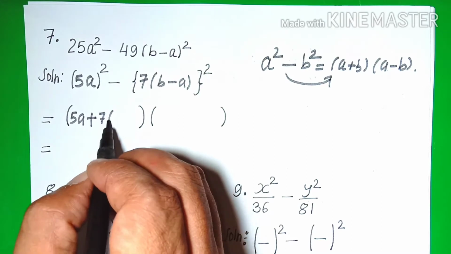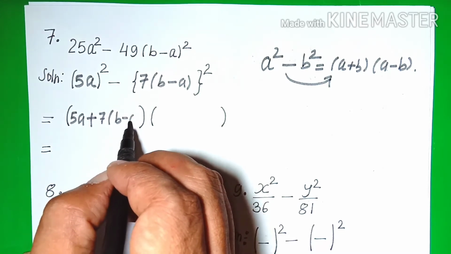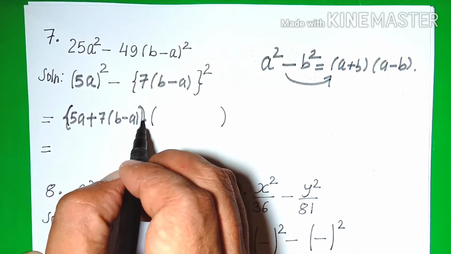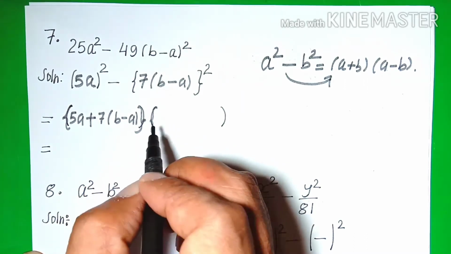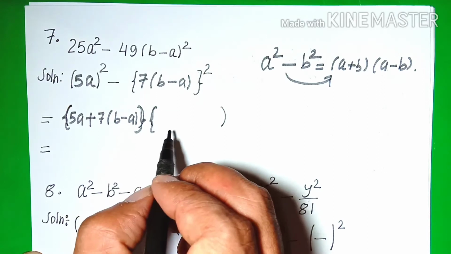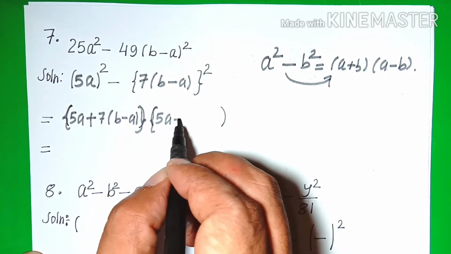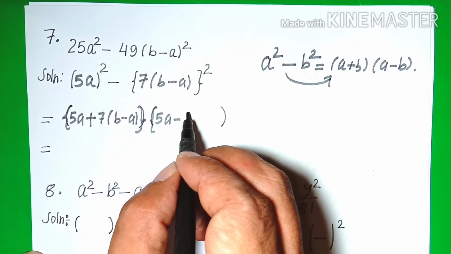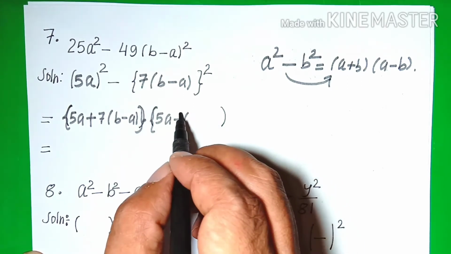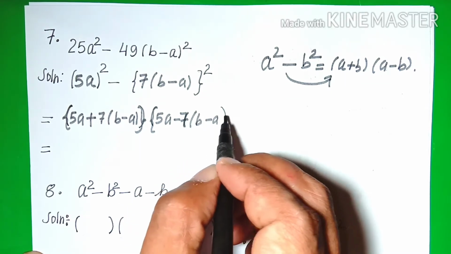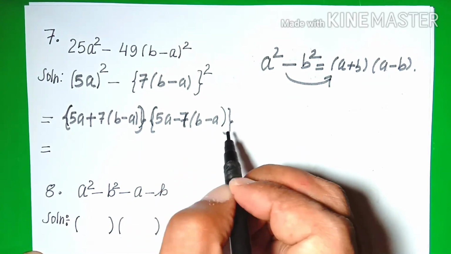After that within the bracket b minus a we can close. Now this can be changed to curly bracket. Similarly here take a curly bracket. Now again a minus b: a value we have 5a minus, after that b value 7, that is 7 within the bracket b minus a we can close, followed by curly bracket.